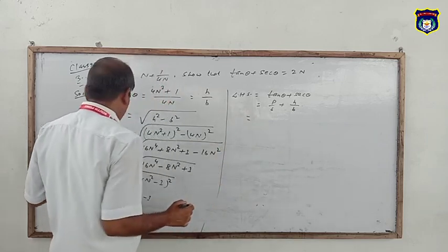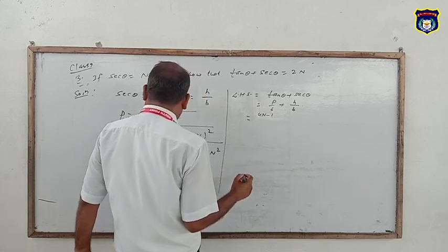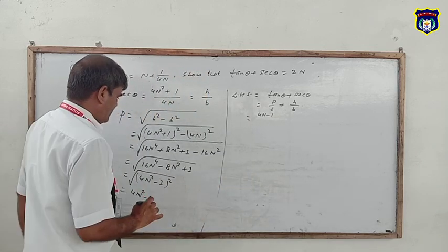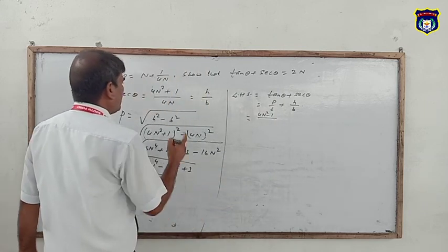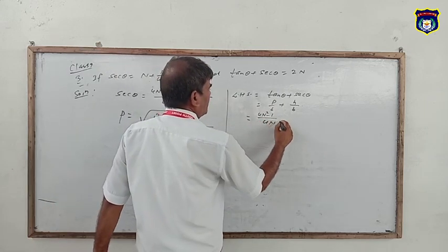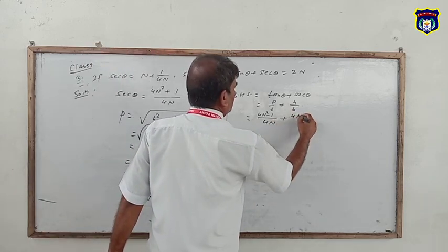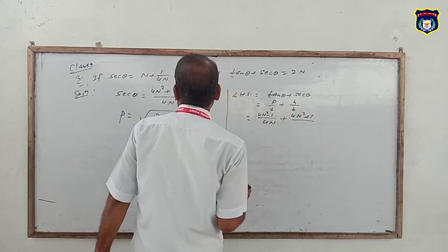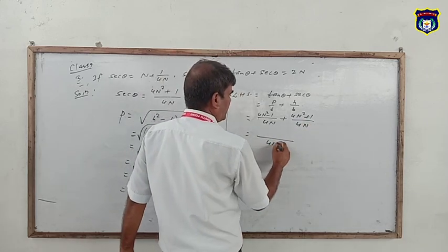So p is 4n square minus 1, b is 4n, and h is 4n square plus 1 and b is 4n. Now LCM is 4n.